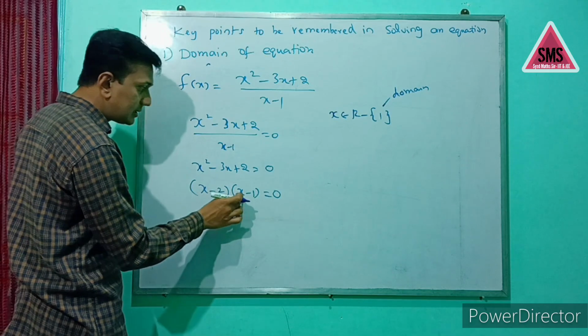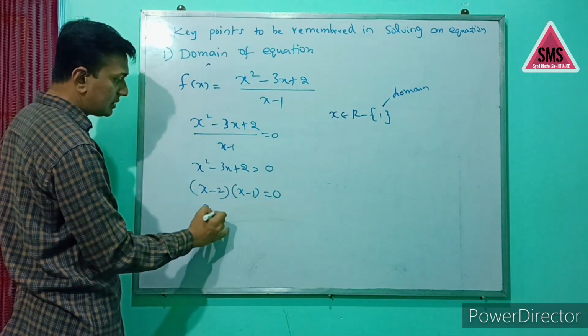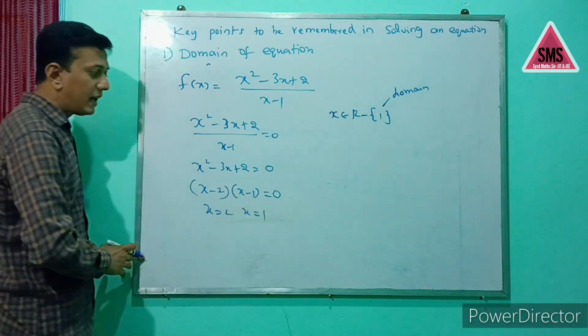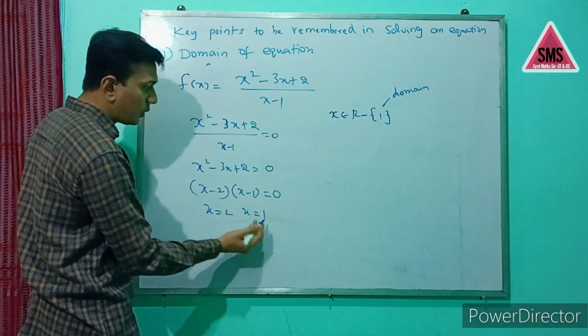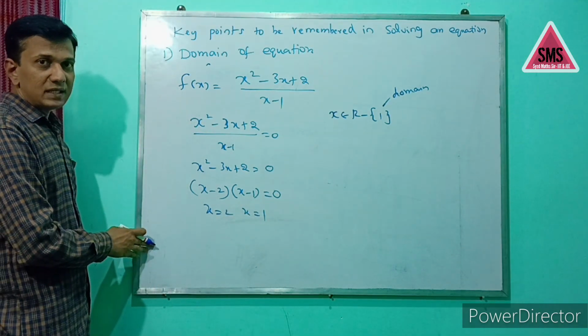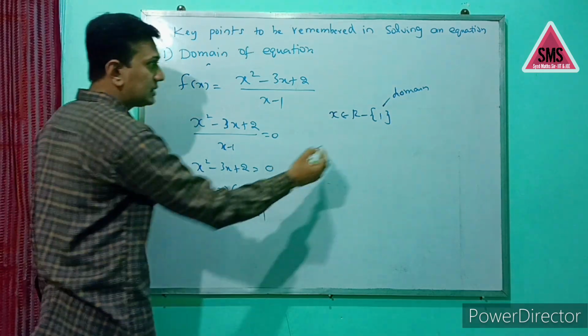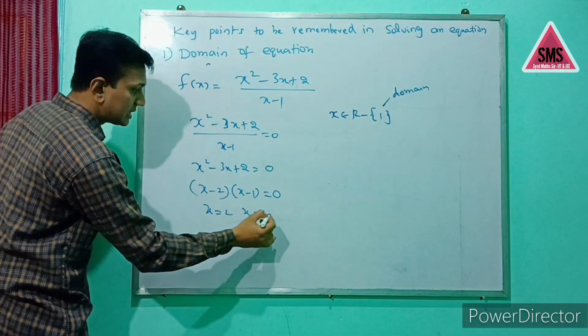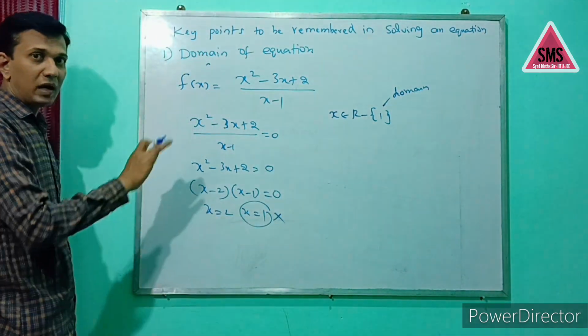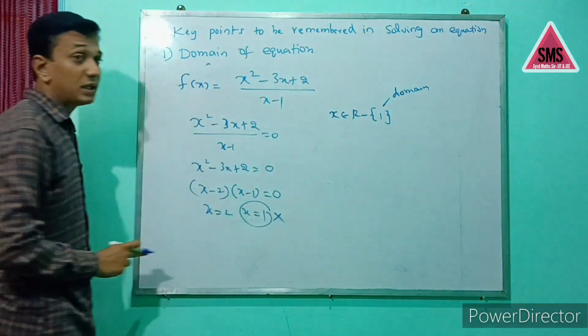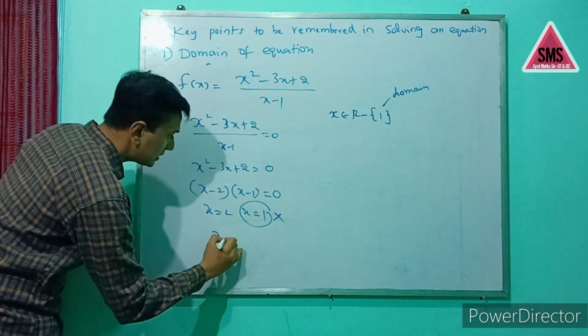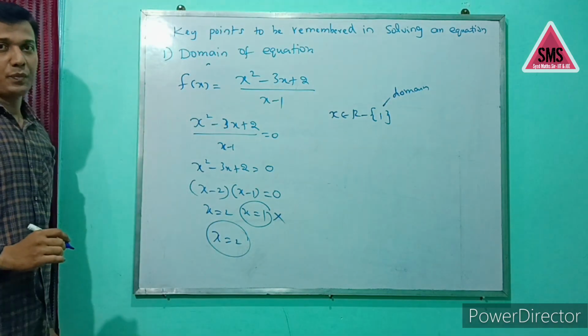But can I consider x minus 1? That means x equals 2, x equals 1 will be the values. Can I consider x equals 1 as the root of this equation? I cannot consider it because I have excluded 1. That's why I should not consider it. Then what will be the solution of the overall equation? x equals 2.